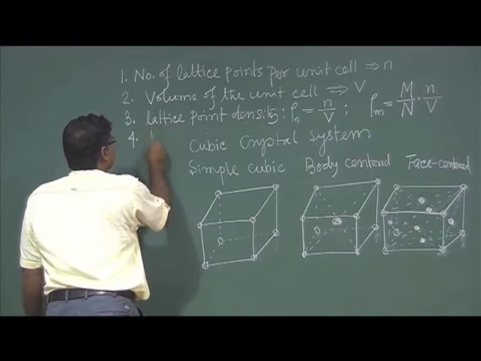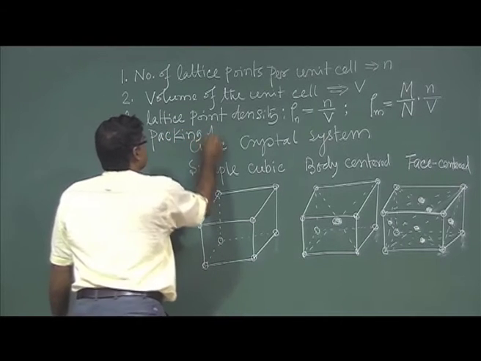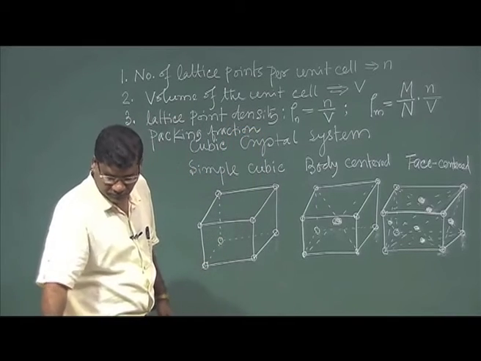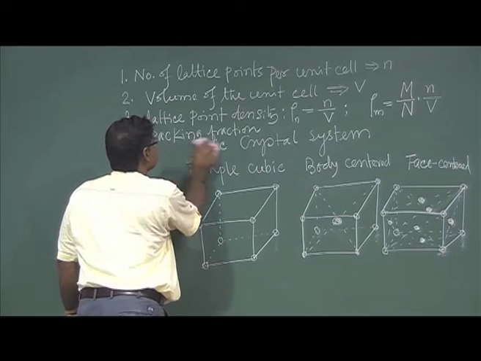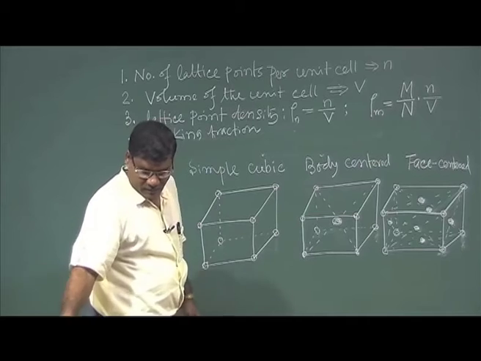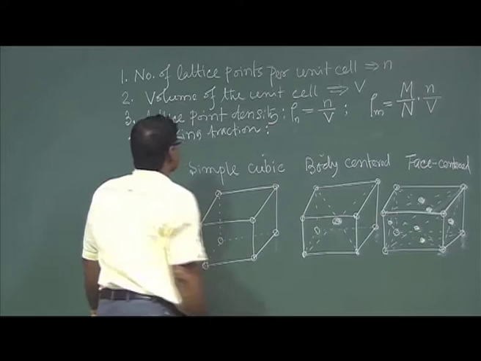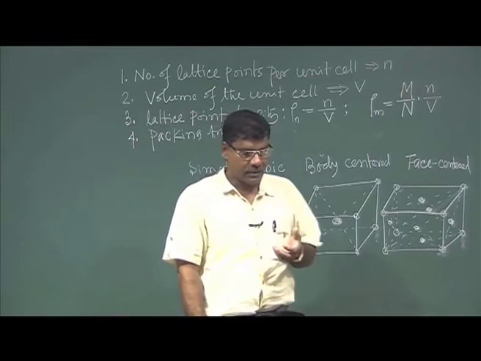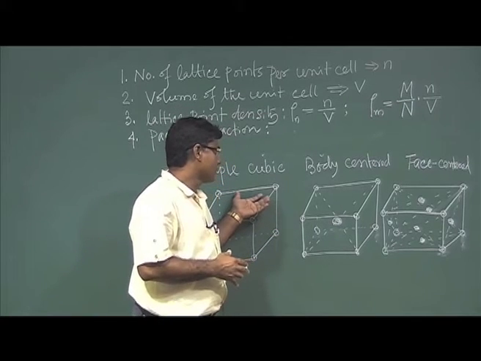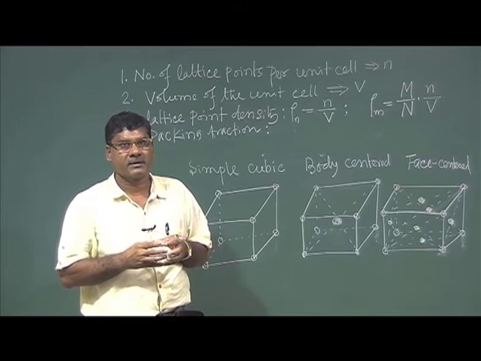Then other parameters are there, like the packing fraction of a crystal. The unit cell has a volume. What is the ratio or proportion of the volume occupied by the atoms?